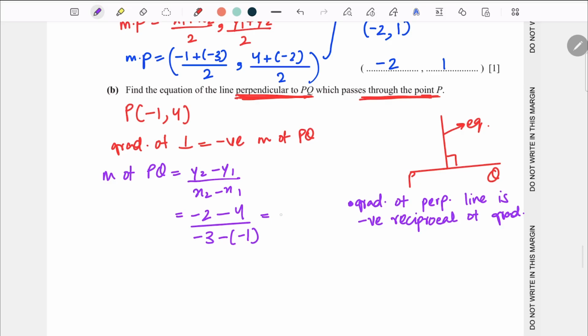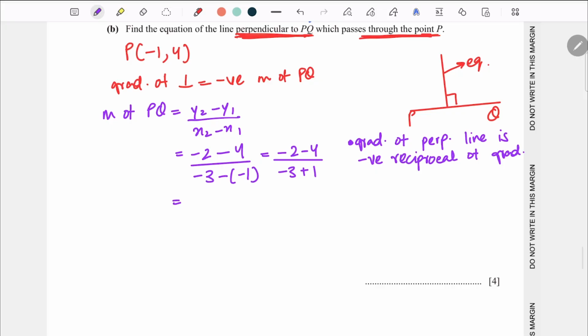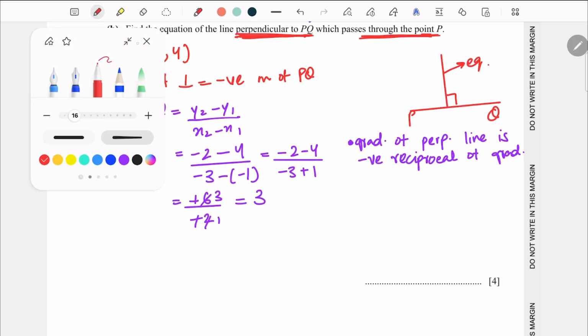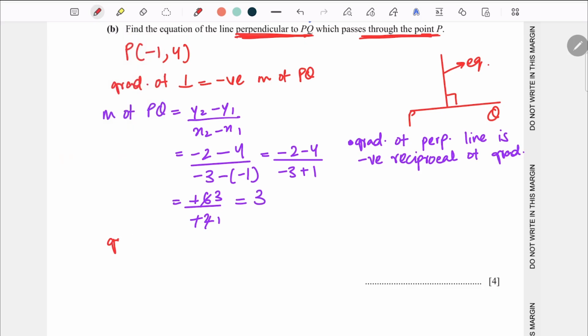So this is going to be -2 minus 4 divided by -3 plus 1. So the gradient of PQ is -6 over -2. 2 1s are 2, 2 3s are 6. So this is 3. Now the gradient of the perpendicular line will be the negative reciprocal, that is -1 over 3.